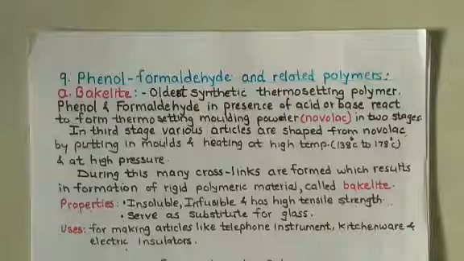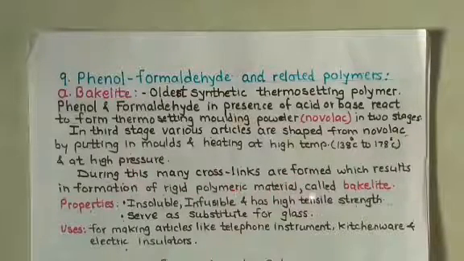So bakelite is formed in three stages. In two stages, it forms linear polymer novolac, and in the third stage, it gives us the bakelite. During this third stage, many crosslinks are formed, which results in the formation of a rigid polymeric material known as bakelite.